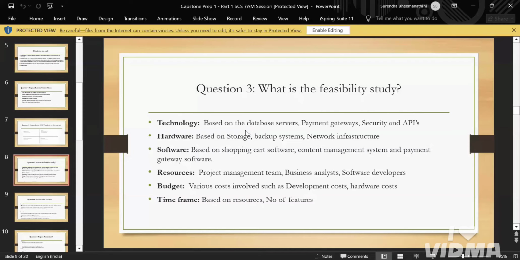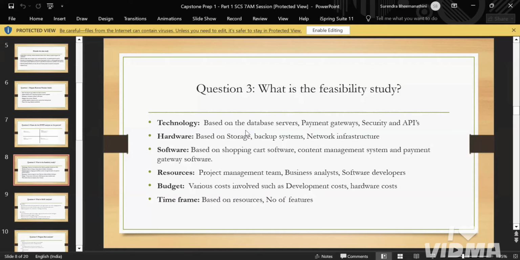In that part, you need to study the technologies, hardware, software, resources, budget, and time frame. For example, in the case study, Mr. Anthony gave us 1 crore of budget and 18 months of time period.